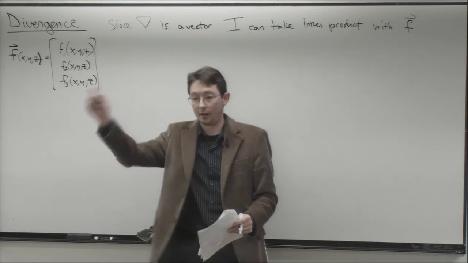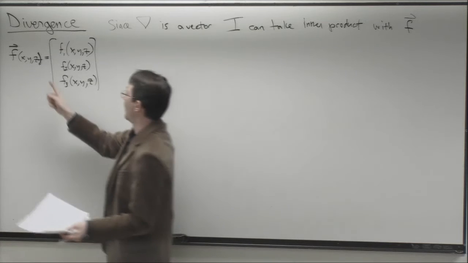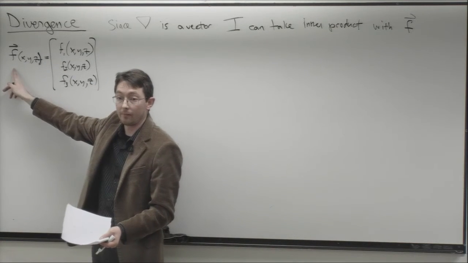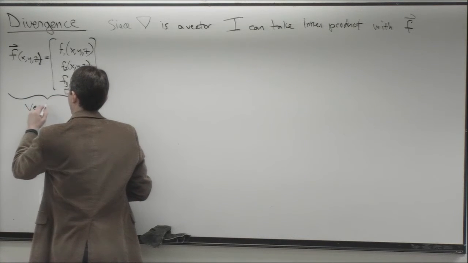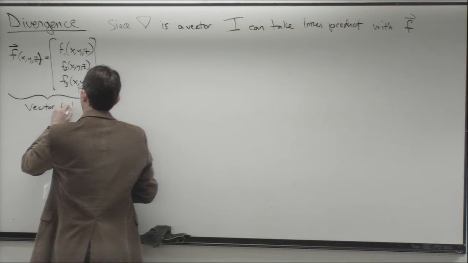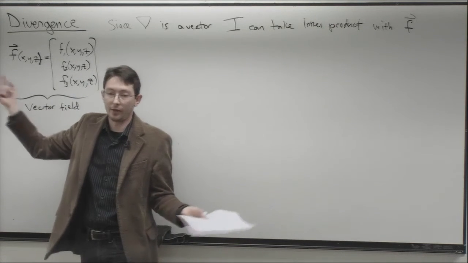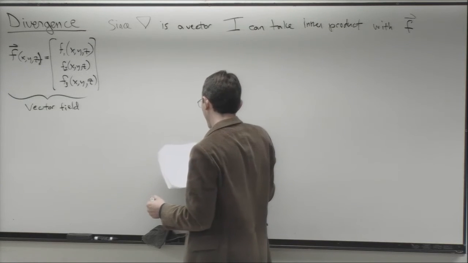It's still a function of space, x, y, and z, but now at each point in space I have a vector. So this is a vector field. And in fact, it could have been a vector field obtained by taking the gradient of some scalar function. Right? No reason not to.